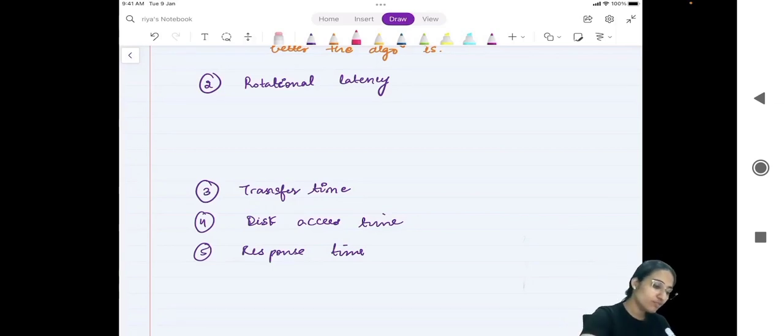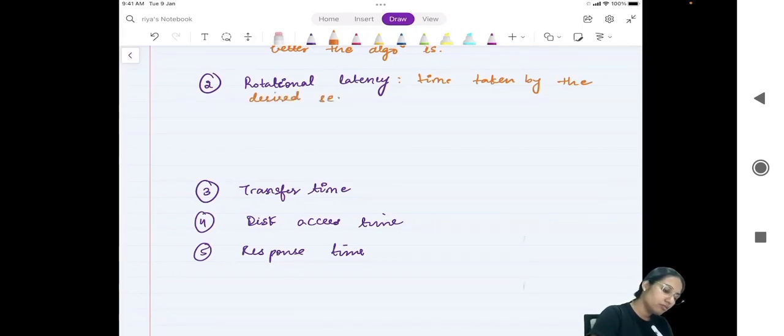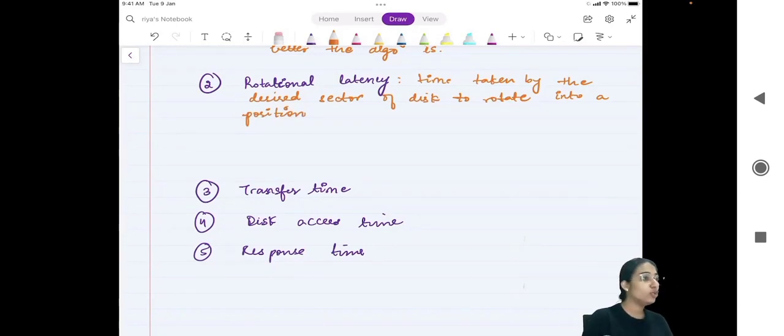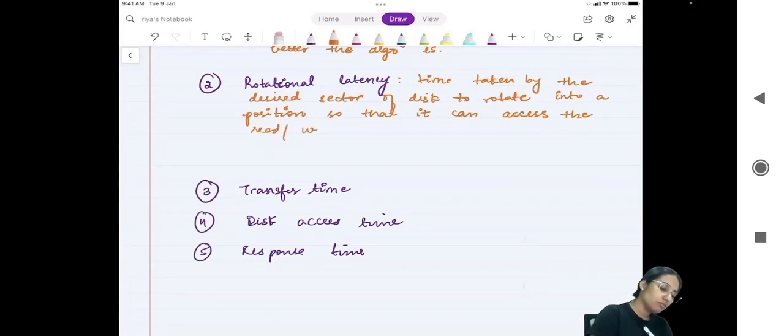So we basically understand rotational latency as the time taken by the desired sector of the disk to rotate into a position so that it can access the read write heads.